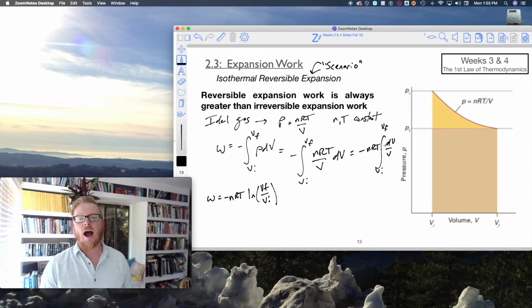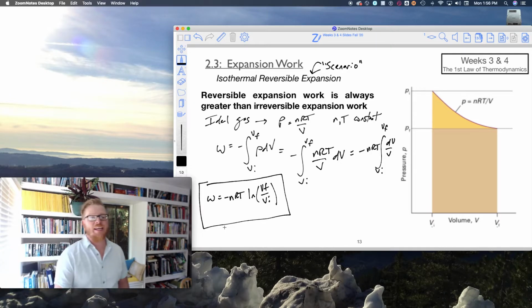So recall, the integral of dV over V is just the natural log of V. So this is now my equation for calculating work done isothermally and reversibly.